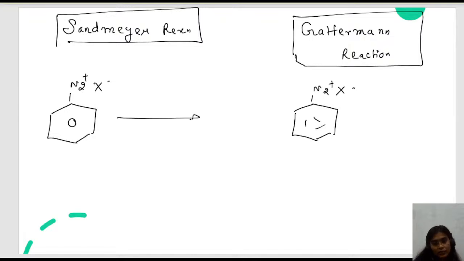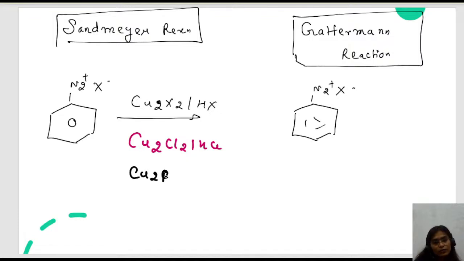In this case, if I'm using Cu2X2 and HX: for example, if I want chlorination, I am going to use Cu2Cl2 and HCl. If I want bromination, we use Cu2Br2 and HBr. If I want to attach the cyanide group, I can use Cu2(CN)2 and HCN. So this is how you can change the reagent, generalized.